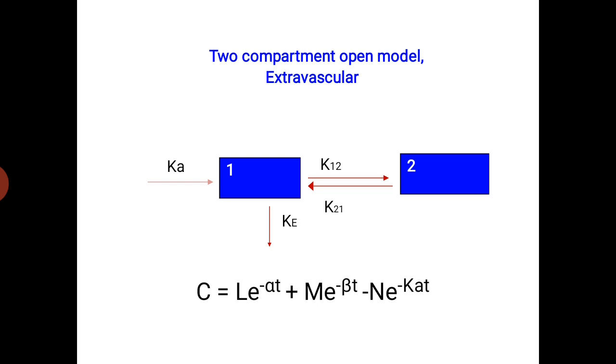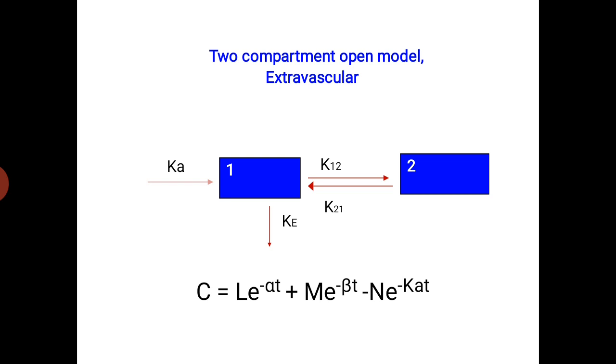Okay, now N is the hybrid constant representing the process of absorption. M is the hybrid constant representing elimination. L is the hybrid constant representing distribution. So we have three exponents here: distribution, absorption and elimination.